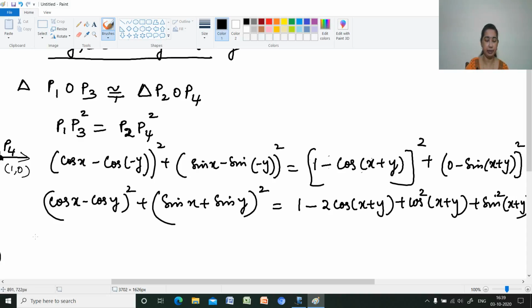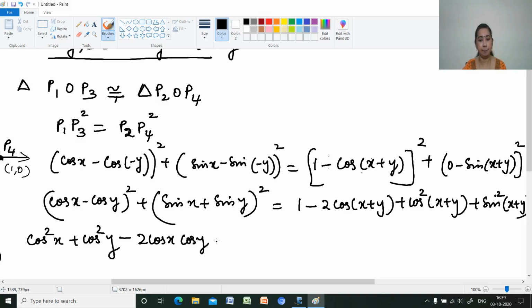And the left side expands to cos square x plus cos square y minus 2 cos x cos y plus sin square x plus sin square y plus 2 sin x sin y. So it is expanded completely.